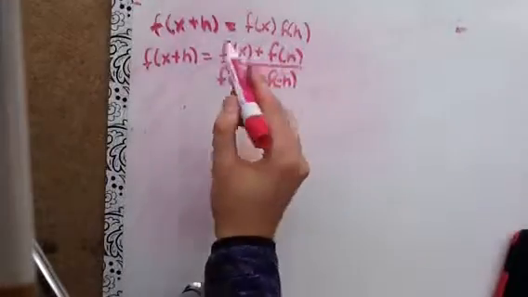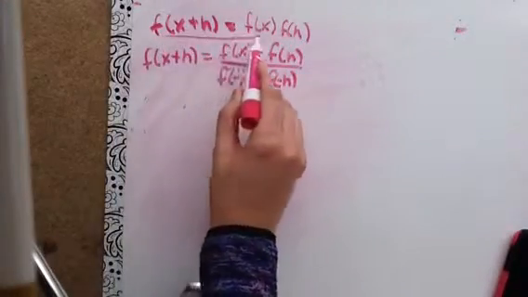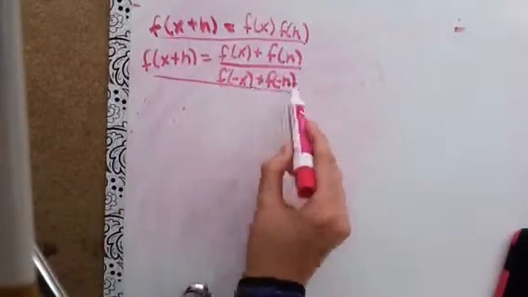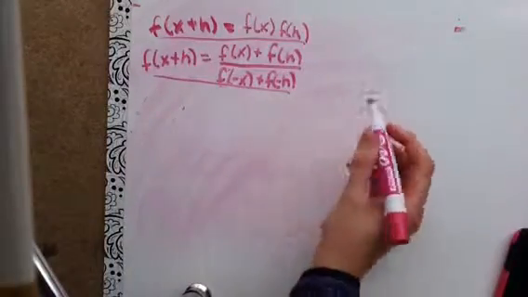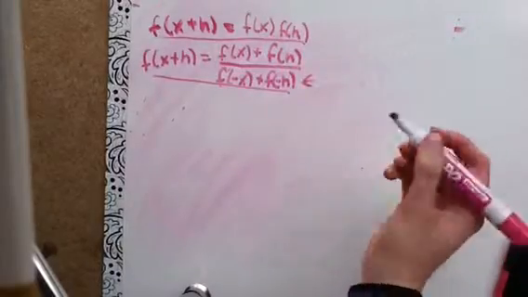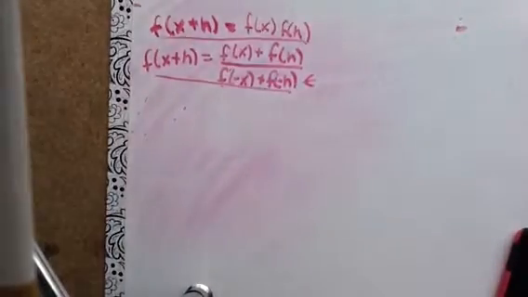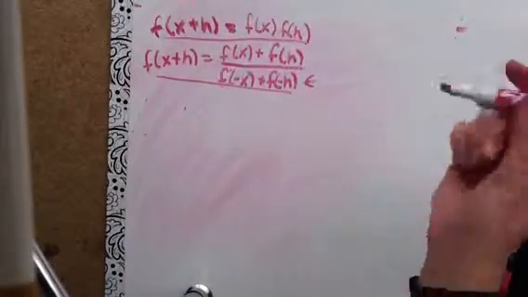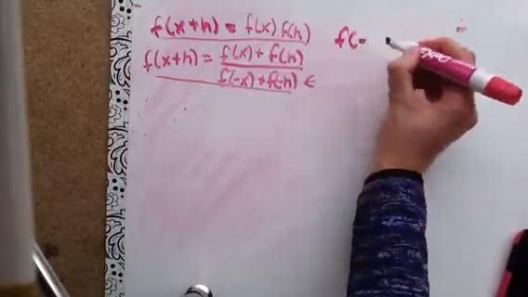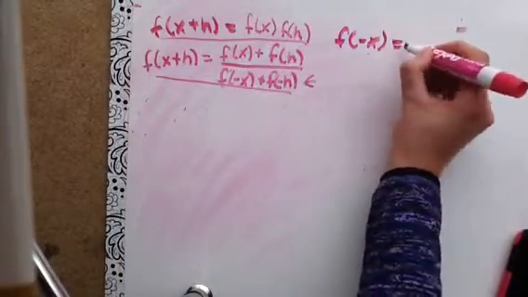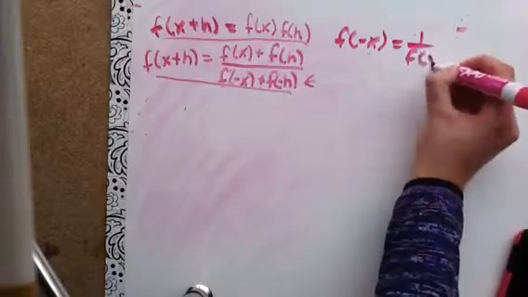Okay, right here, this is what, once again, we're trying to find, and this is the problem we're going to use, which was also given to us. And if you remember from part B, we found that f of the negative equals 1 over f of x.